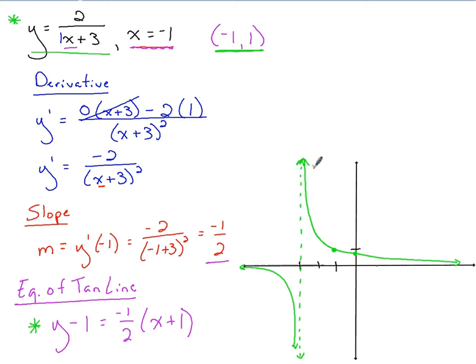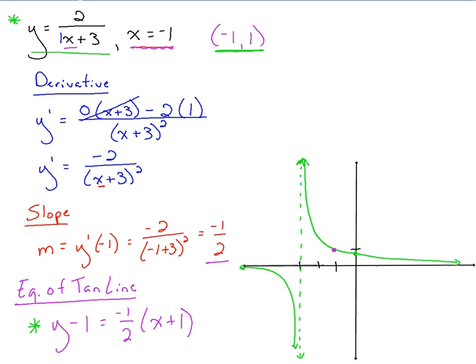Now if we put the tangent line in there, since we already have our point of tangency mapped out right here at this point, you could take your equation, put it in slope-intercept form and then graph off of that. But since you know the slope is going to be the same for any of the points on this line, and you know this is going to be one of the points on this line, then I just take this slope of -1/2, count off from this point, using that slope to find a secondary point.